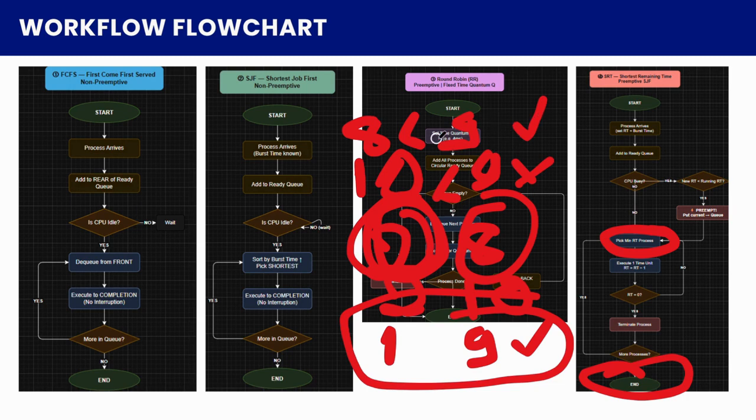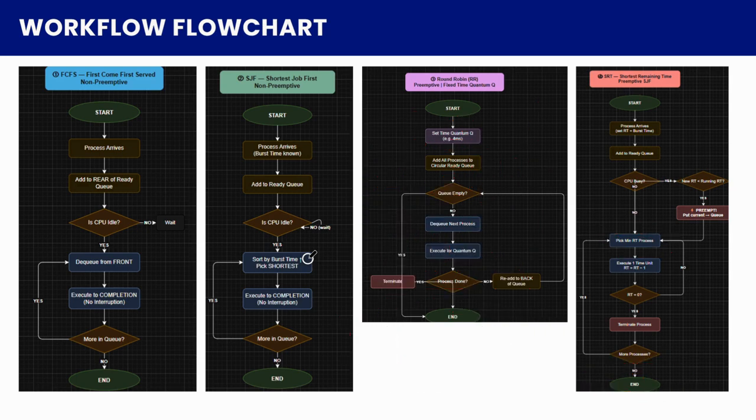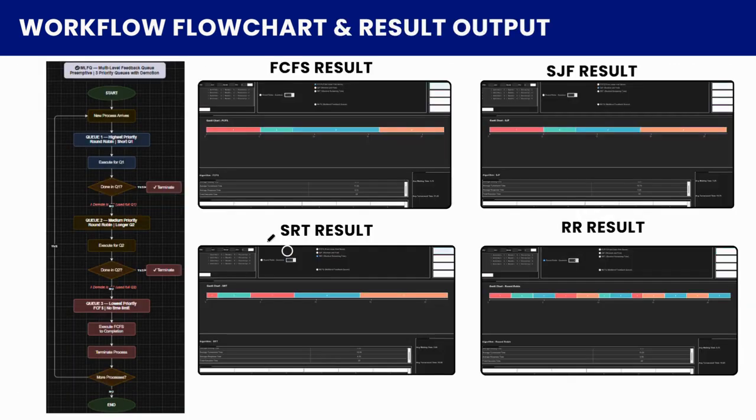And for the multi-level queue, since we implemented five algorithms, I haven't added the flowchart yet. Okay, here's our multi-level queue. In our multi-level queue, we have three queues. The first queue is round robin, and the second queue is round robin as well.